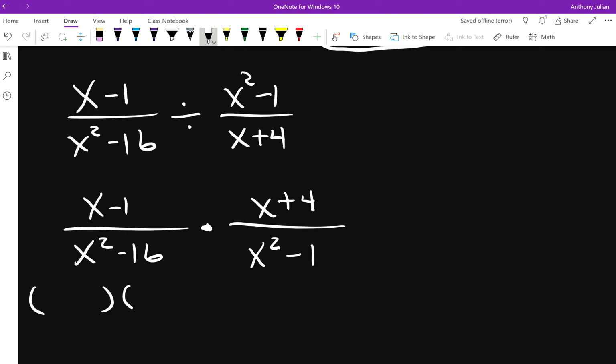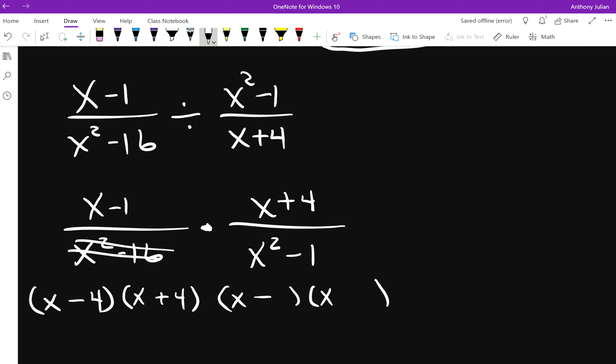So I'm going to set up my parentheses and factor it: x and x, minus and plus, and then 4 and 4. So that means this is gone. The x squared minus 1 is also a difference of two squares, so the same thing comes along here, where I have x and x, minus and plus, and 1 and 1. And this is gone now.